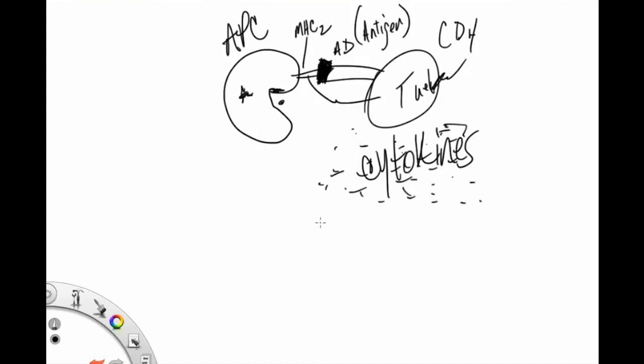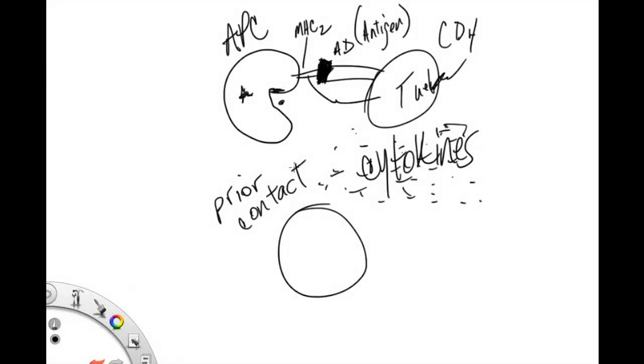Now remember, this T cell, that is a nice healthy T cell, has had to have a prior contact. And this prior contact is way more important for T cells than it is B cells. Actually, some B cells can activate themselves without a prior contact and without going through that whole thing that we talked about. But I don't care that you really know that. I like to keep it as basic as possible. If this T cell has had a prior contact, it knows what it's going to be attacking, but it has to wait until the cytokines tell it to.